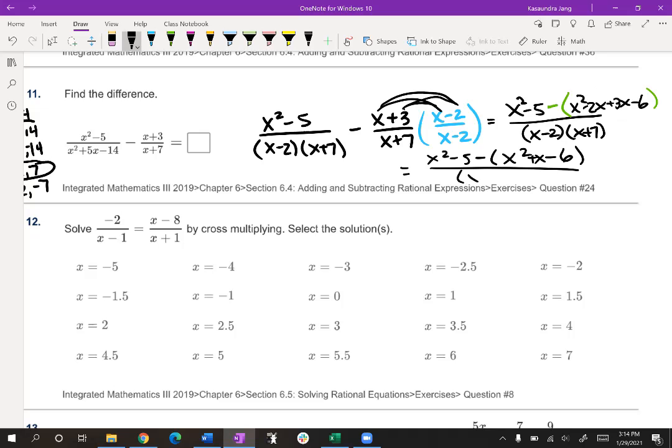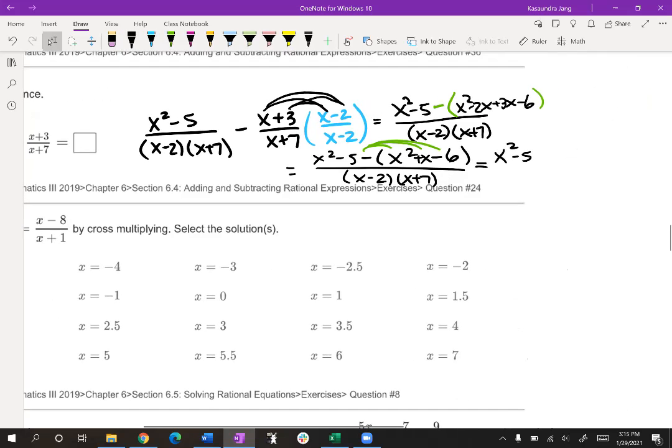Denominator hasn't changed. Let's see, now I'm going to distribute my negative to each of them. That's why we made sure it was in parentheses. So x squared minus 5, that first part's still there. And then a negative x squared and a negative x and a positive 6. We distribute the negative to all those in the parentheses.